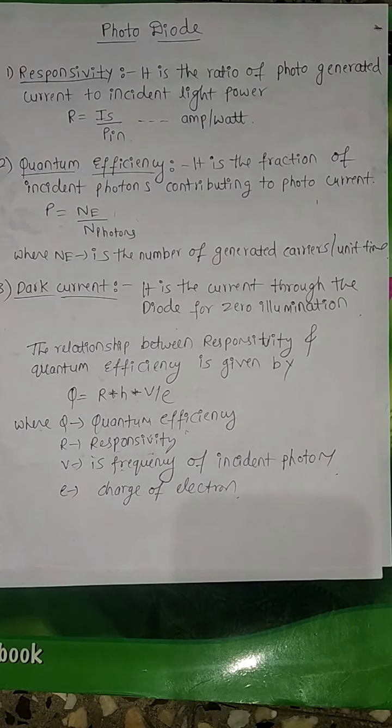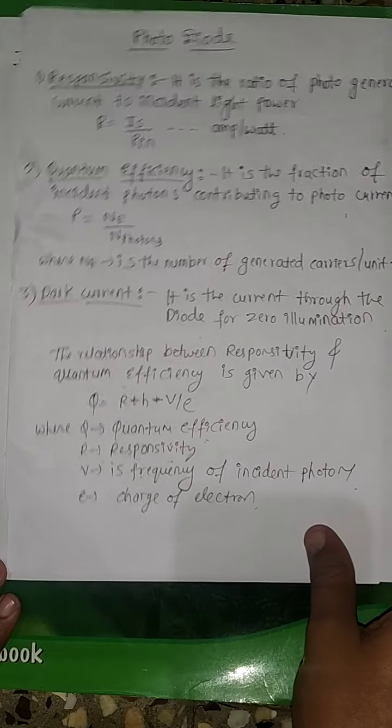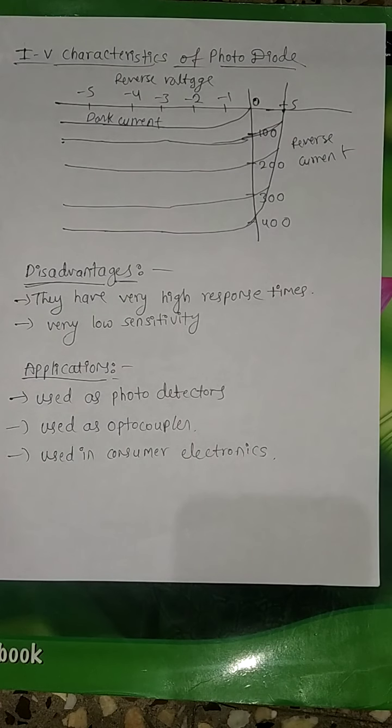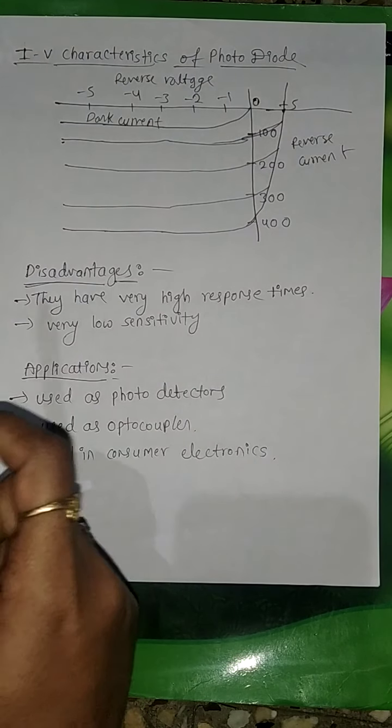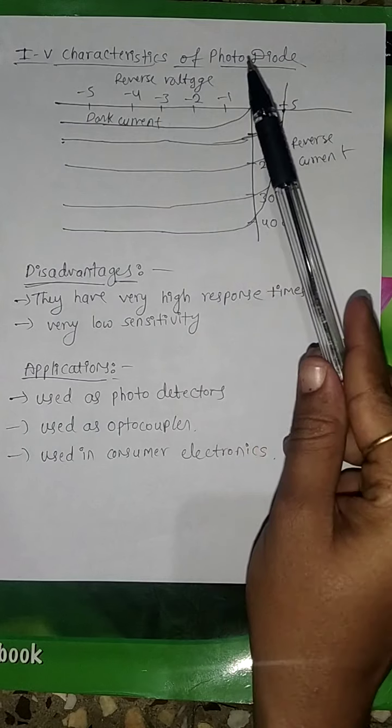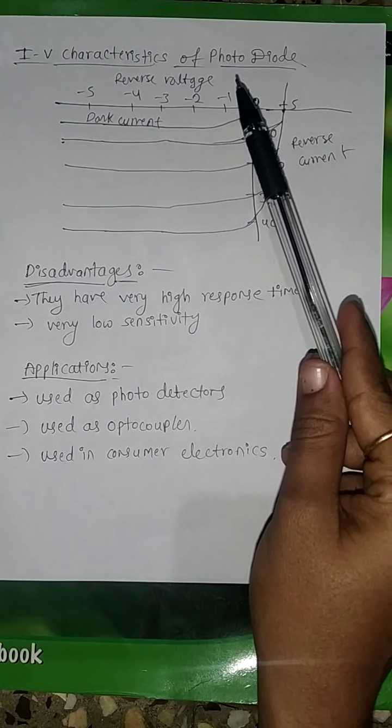Due to the light you give, how much current is generated in your circuit. To calculate this we use these two terms. I hope you understood these two definitions. Next, IV characteristics of photodiode. One thing we know about a photodiode is that it is operated in reverse biased mode.